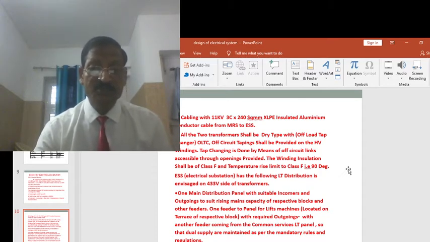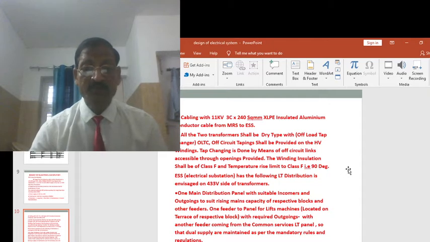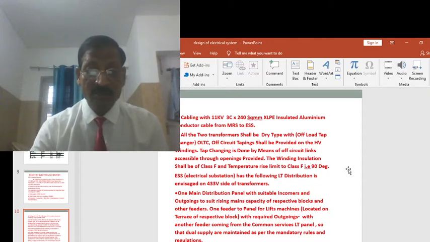ESS electrical substation has the following: LT distribution is envisaged on the 433 volt side of the transformers. One main distribution panel with suitable incomers and outgoing to suit the rising mains capacity of respective blocks and other feeders.